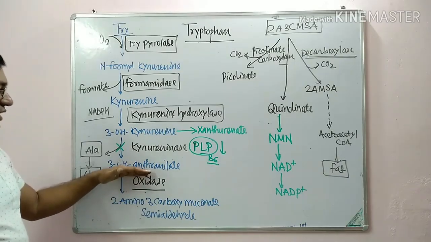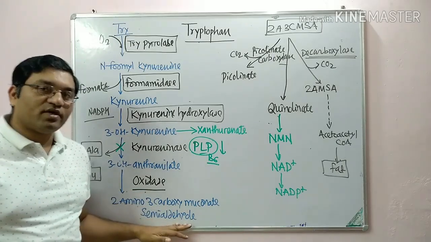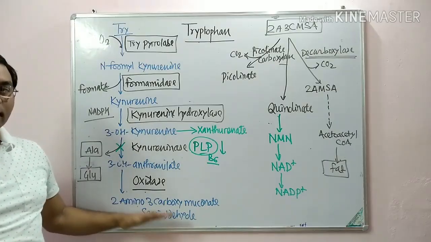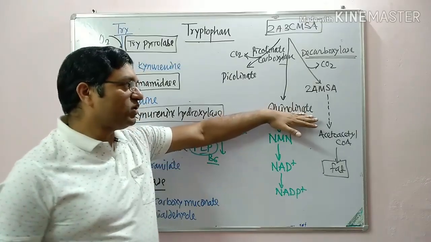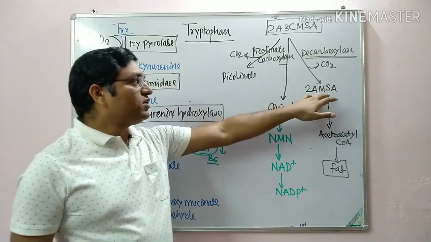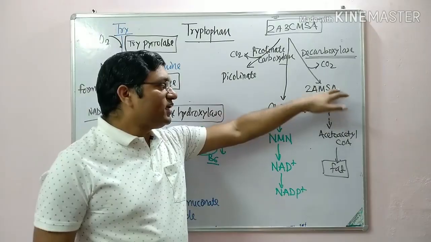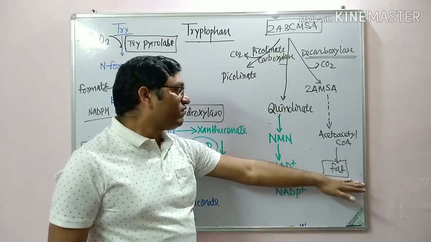And 3-hydroxyanthranilate, on the oxidase reaction, gives 2-amino 3-carboxymuconate semialdehyde, which is an unstable intermediate. It has three fates. It will give picolinate. On spontaneous reaction, it gives quinolinate, and through the decarboxylase reaction, it will give 2-aminomuconate semialdehyde, which ultimately gives acetoacetyl-CoA, which will give the fat.